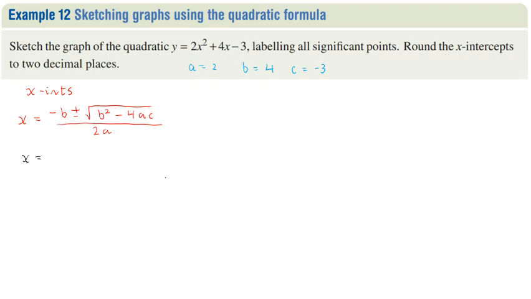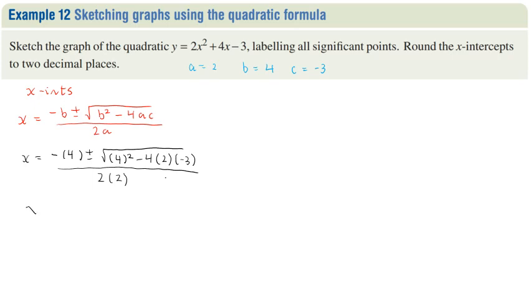So I've got negative, and b is 4, plus minus, and under here 4 squared minus 4, a is 2 and c is negative 3, over 2 times 2. Now I just work out what this all equals.